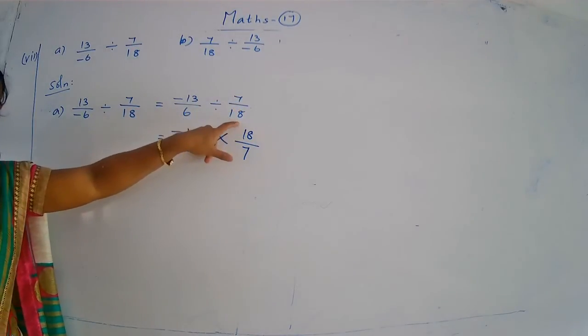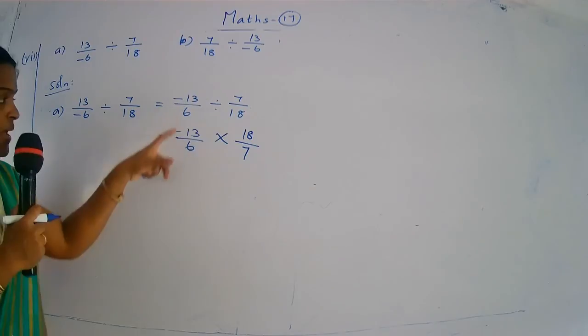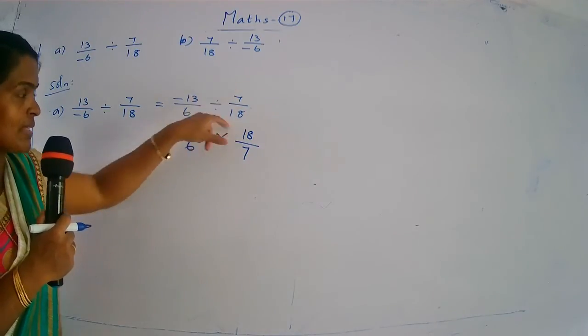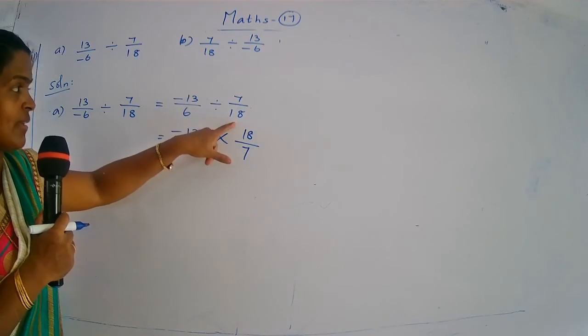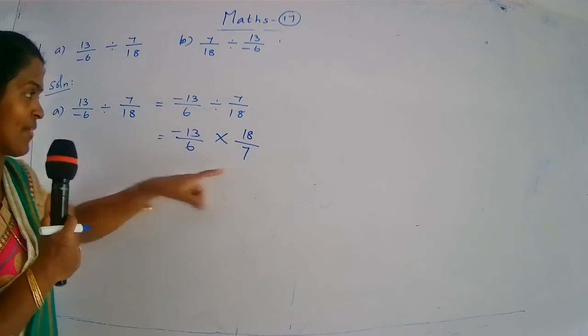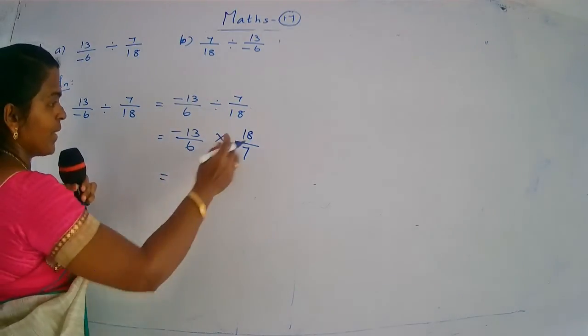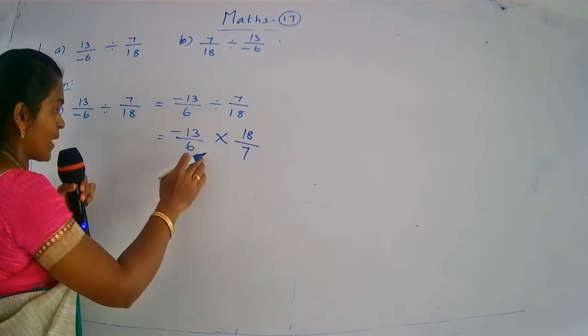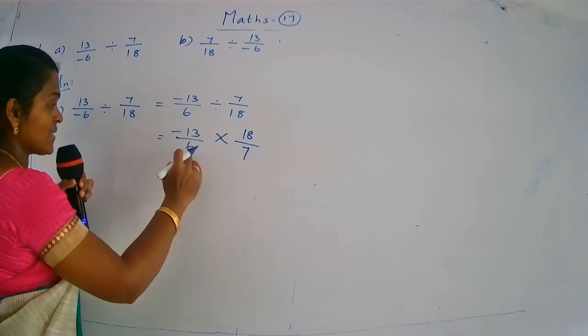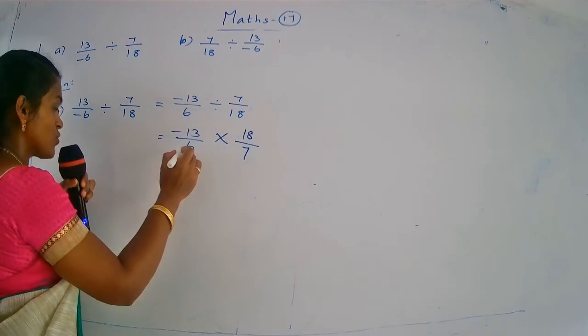Now, you multiply. Common factors are there, yes? 1 6 is 6, 3 6 are 18, okay? Now, you multiply. In multiplication, we multiply numerator by numerator, okay? So, here 7, here minus 1. So, 7 into minus 1, minus 7 upon 3 13s are 39, okay?